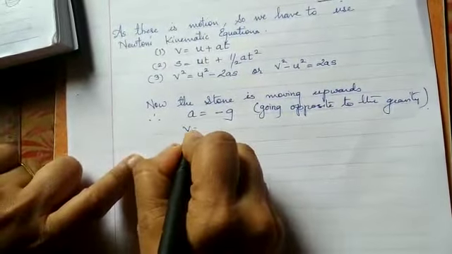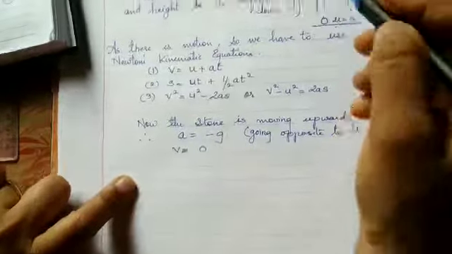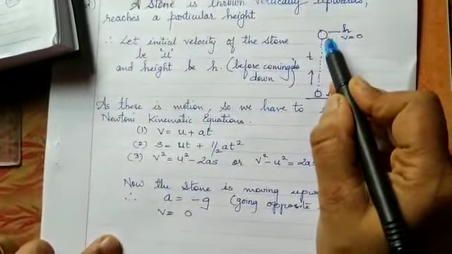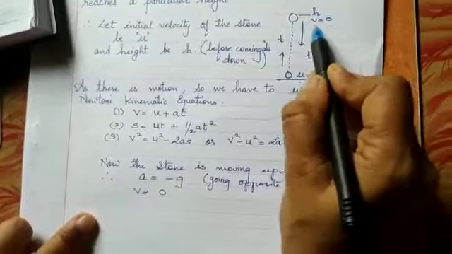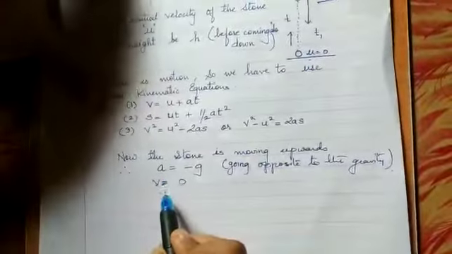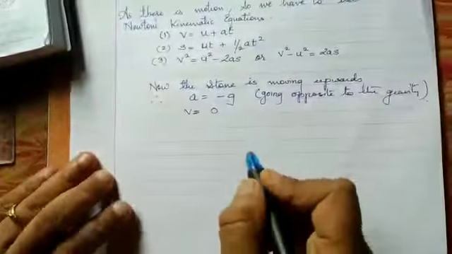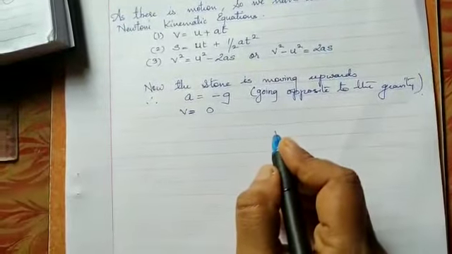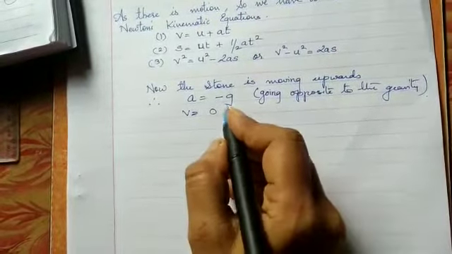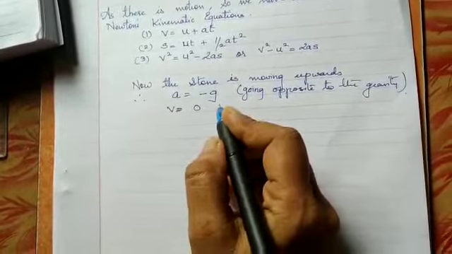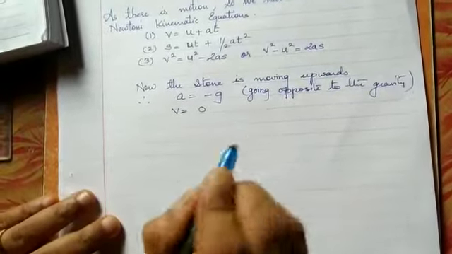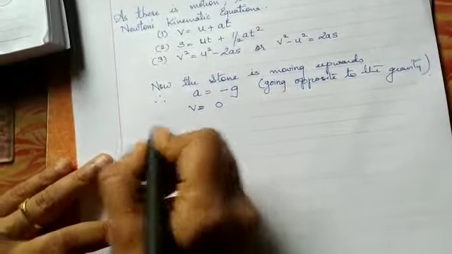Its V is equal to 0. Velocity, when the stone reaches a particular height, its velocity becomes 0. So your V is equal to 0. Where the stone reaches and rests, the velocity there becomes 0.